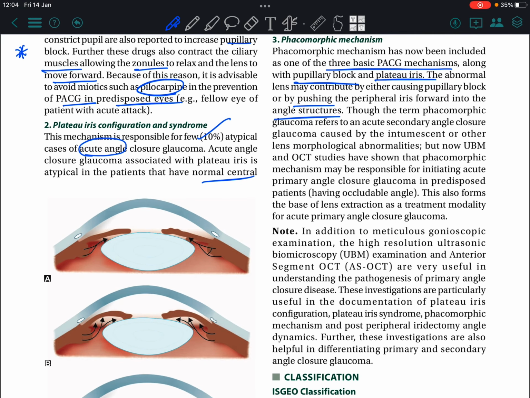Though the term phacomorphic glaucoma refers to an acute secondary angle closure glaucoma caused by intumescent or other lens morphological abnormalities, now UBM and OCT studies have shown that phacomorphic mechanism may be responsible for initiating acute primary angle closure glaucoma in predisposed patients.